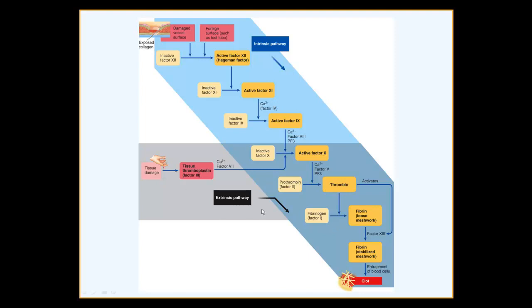So you can see how we have two pathways. One of them is the intrinsic pathway that does not involve tissue damage, and it takes much longer to happen, and we have the extrinsic pathway where tissue damage is involved.